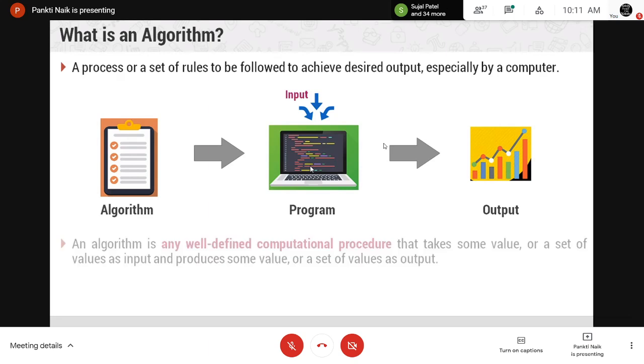So an algorithm is any well-defined computational procedure that takes some value or a set of values as input and produces some value or a set of values as output.